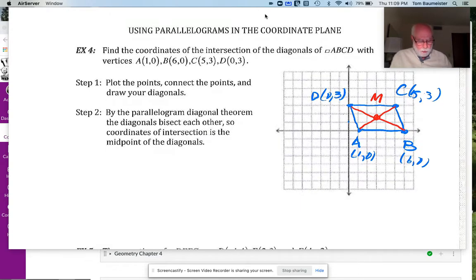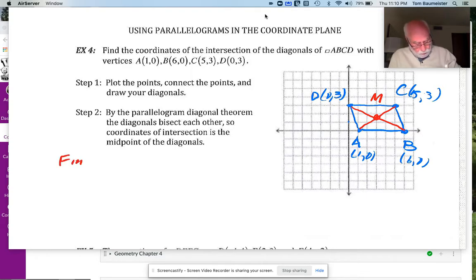Step 2 says by the parallelogram diagonals theorem, the diagonals bisect each other. So since they bisect each other, the coordinates of the intersection are the midpoint of the diagonals. Now, sometimes you won't have to do that. You'll just have to state what the values are. But for this example, you're going to find one of the midpoints.